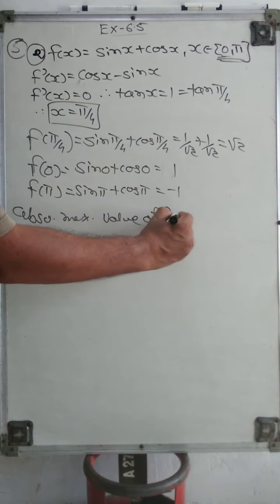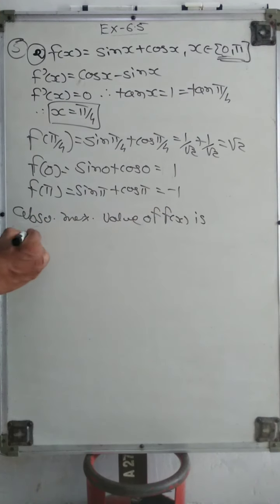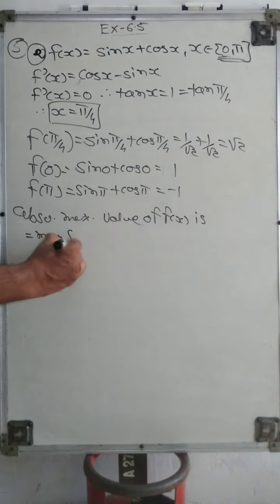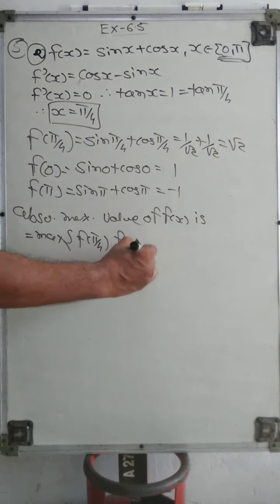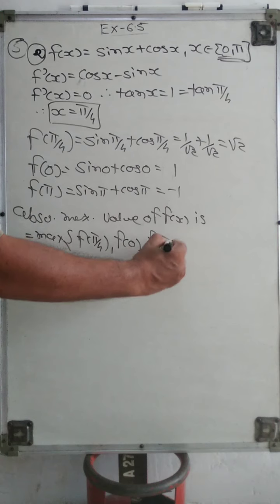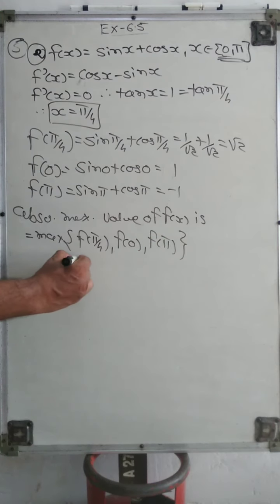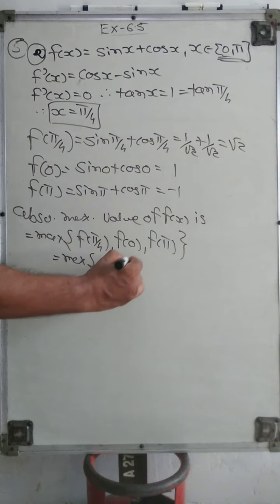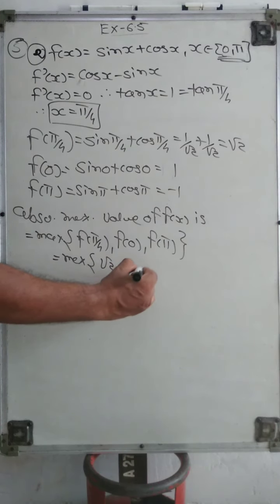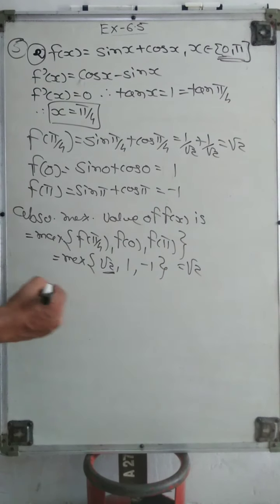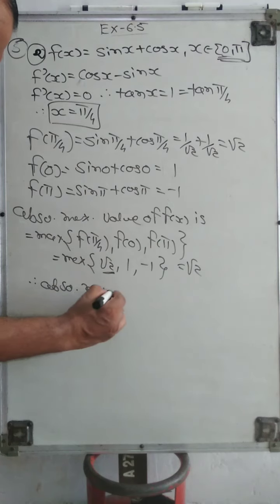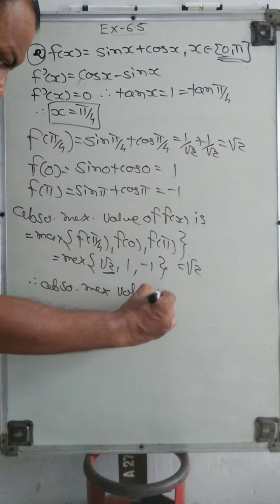Therefore the absolute maximum value of f(x) is the maximum value of f(pi/4), f(0) and f(pi). Now here the values are root 2, then 1 and -1. Here root 2 is the maximum value, right? So therefore the absolute maximum value is root 2.